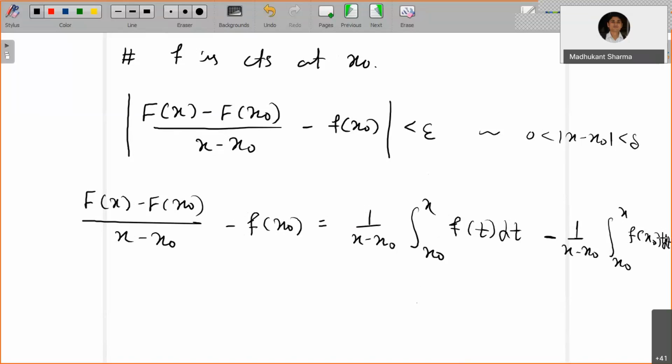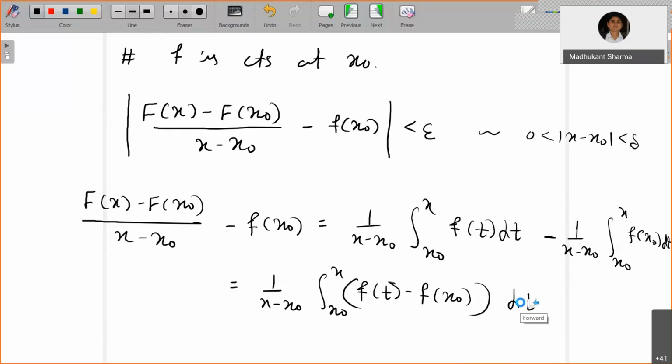The f of x naught is constant. So what it will give you is 1 upon x minus x naught times the integration from x naught to x of f of t minus f of x naught dt.